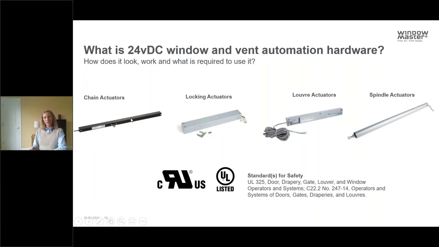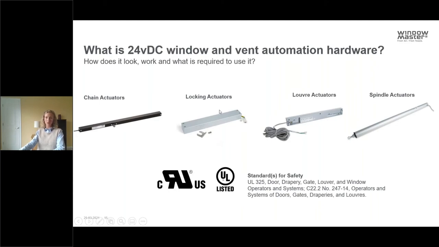Now, if a window manufacturer or a glazer has done a little bit of mock-up testing on their window and they have decided that for whatever reason the chain actuator is not providing enough locking capability on the window, then we also can see window locking actuators as an addition to the chain actuator. So you'd use a chain actuator and a locking actuator together to provide additional locking capability. So that's another actuator that can be found in the industry.